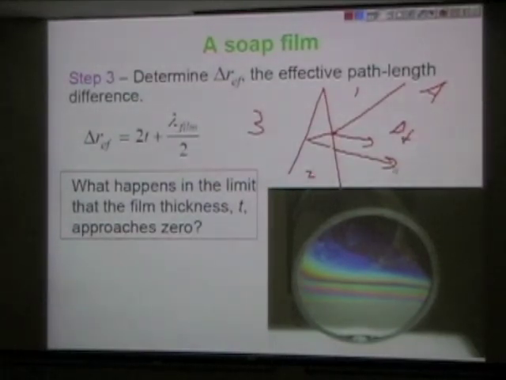First step, the effective path length difference at the top is supposed to be a half of a wavelength. Again, don't forget, that's a half of a wavelength in the film. However, here there is no phase change, because this index of refraction is 1 point something, and this index of refraction is just 1. So this is going to be our effective path length difference.